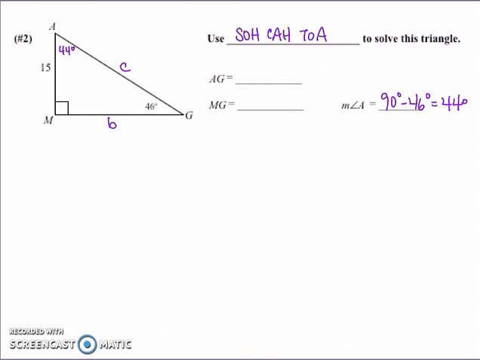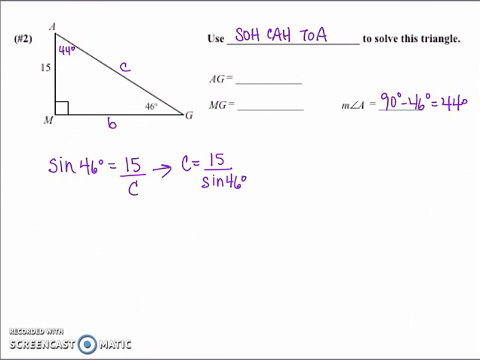We know that the sine is the side opposite over the hypotenuse. So in this triangle, the sine of 46 degrees is equal to 15 over c. With a little bit of fancy algebra, multiply both sides by c and divide both sides by the sine of 46 degrees, I know that c should be equal to 15 divided by the sine of 46 degrees.